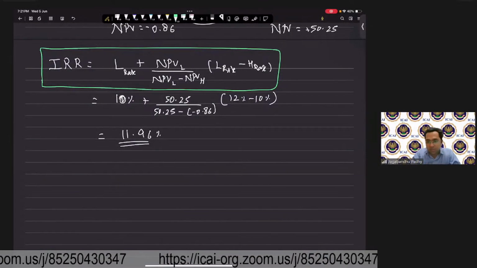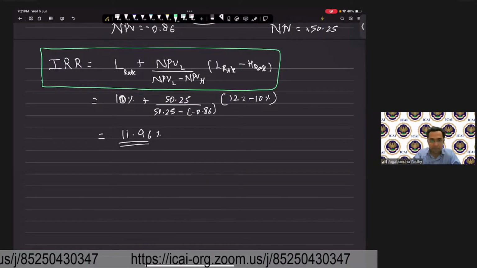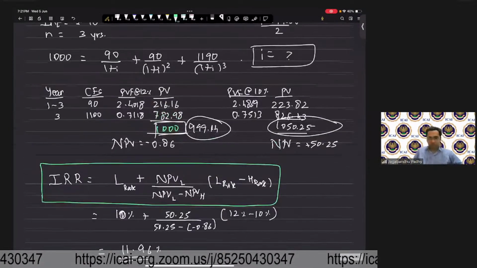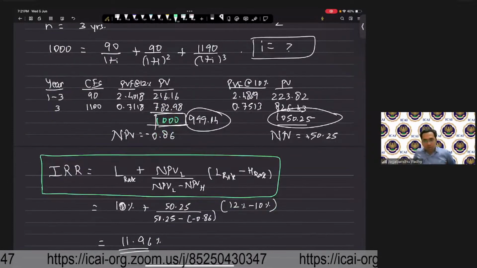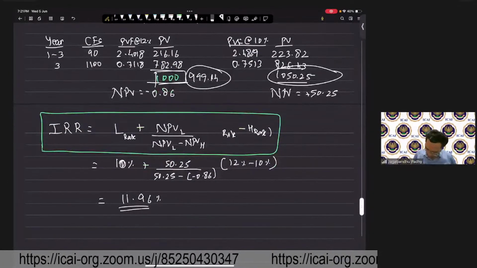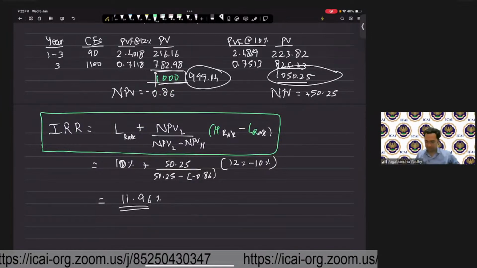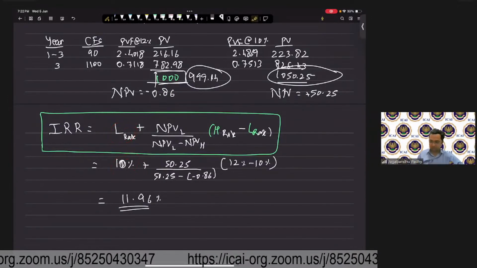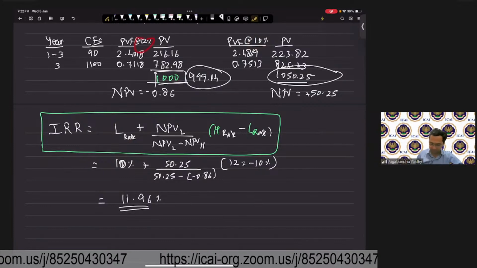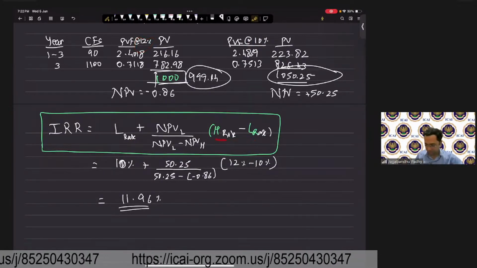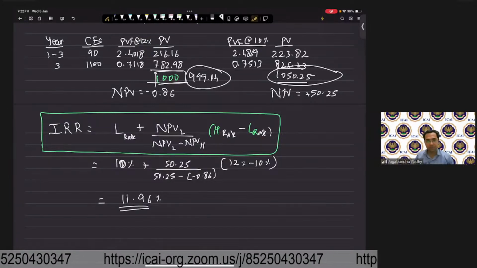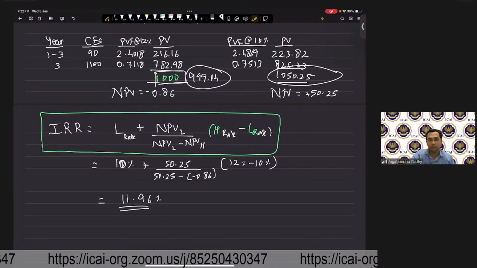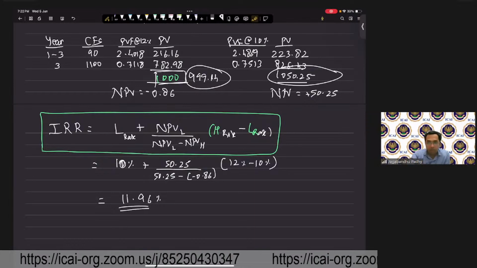You can see if there are any queries. Okay, why lower rate? No, lower rate is 10%, because 10% is the lower rate and 12 is the higher. There was a swap thing over here, so it will be higher rate minus the lower rate value.